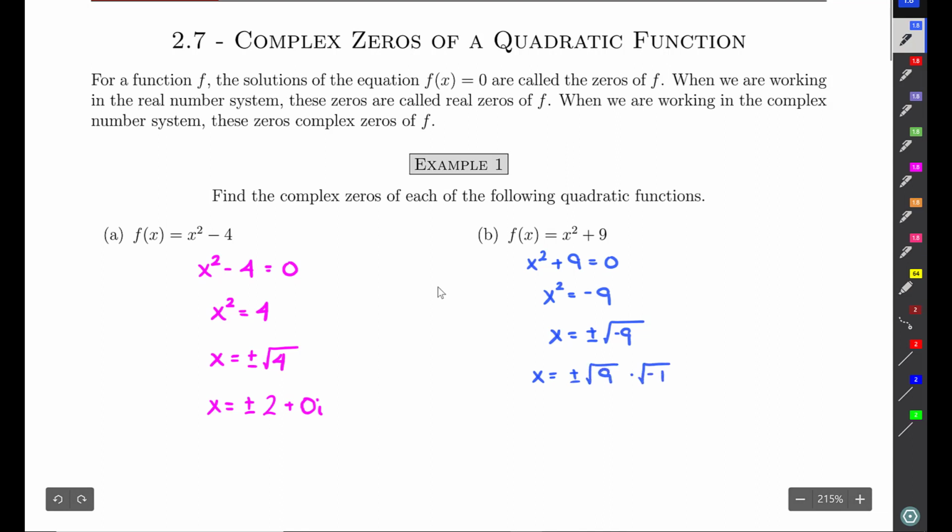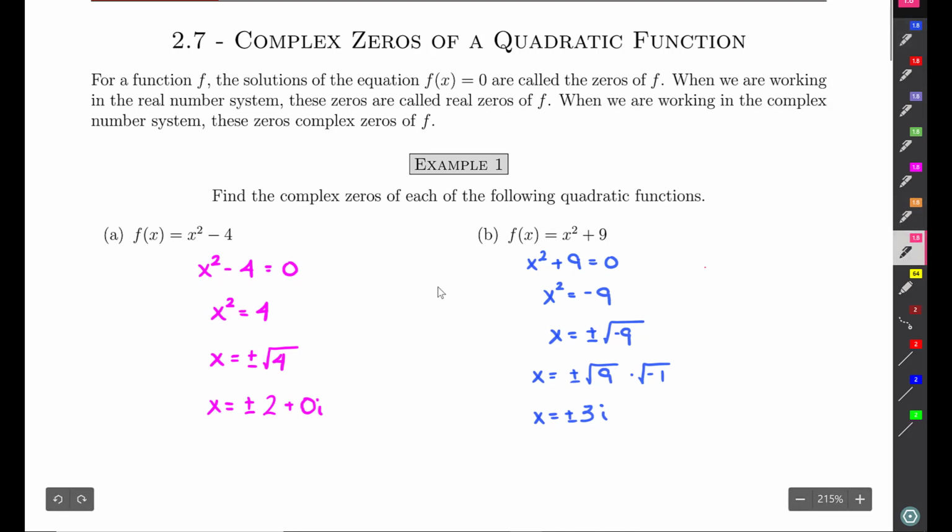One nice thing about square roots is we can separate multiplication. So I think we can all agree that the square root of 9 times the square root of negative 1 is still exactly the same as the square root of negative 9. What we do know is that the square root of 9 is 3. One thing that we have not talked about yet is that the square root of negative 1 is what we call the imaginary root i.